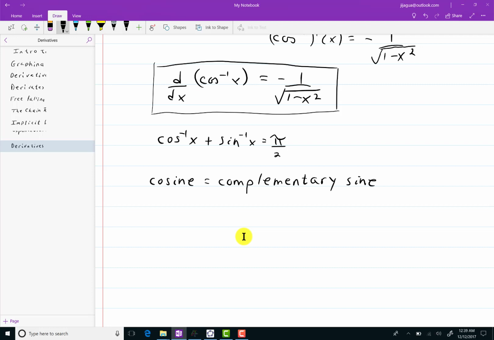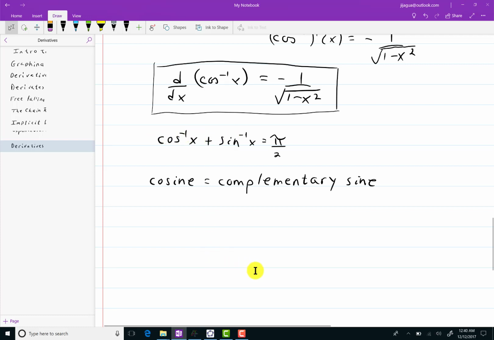When two angles are complementary, they add up to pi over 2, or 90 degrees, whichever way you want to think about it. Since cosine gives an angle and sine gives an angle, think of it this way. I get an angle by taking the inverse sine of something. Then the complement of that angle is covered by this piece. So together they equal pi over 2.